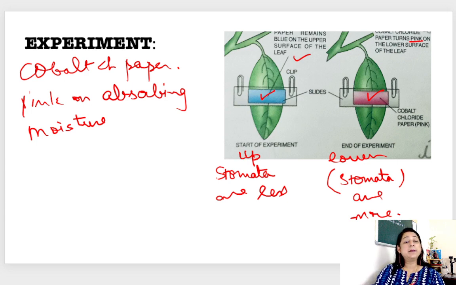So this experiment proves that the number of stomata on the lower surface is more as compared to the upper surface. So upper and lower surface are identified.